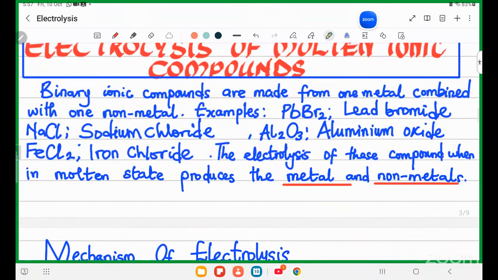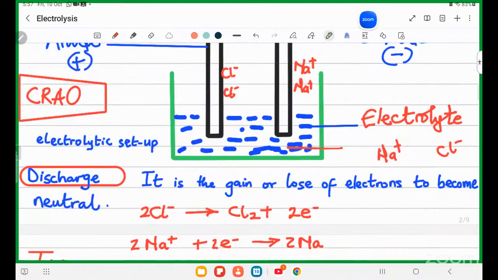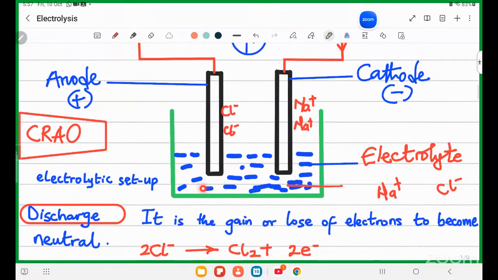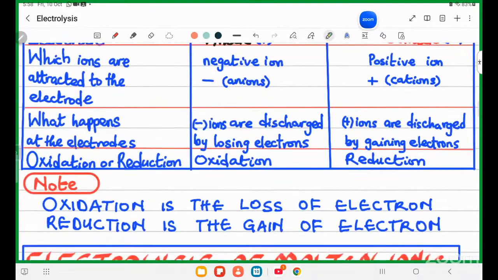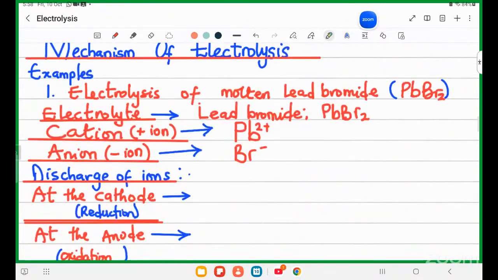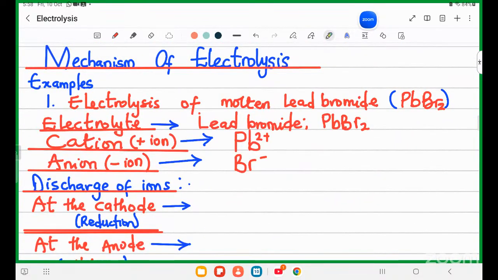Let's assume this is the molten lead bromide here. So the Pb2+ will go to this negative electrode. The Pb2+ will come here, and the Br minus will come here. I hope you understand this. I do. Good. Now, at the cathode, that is where we have the lead ion.